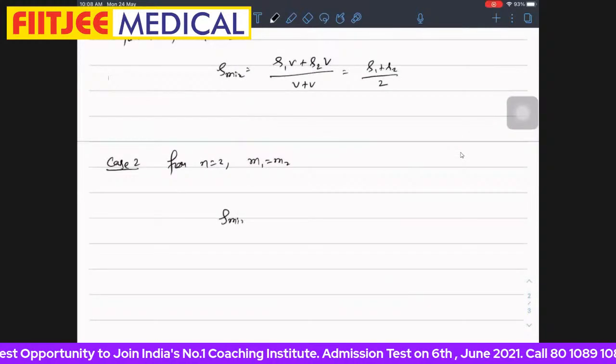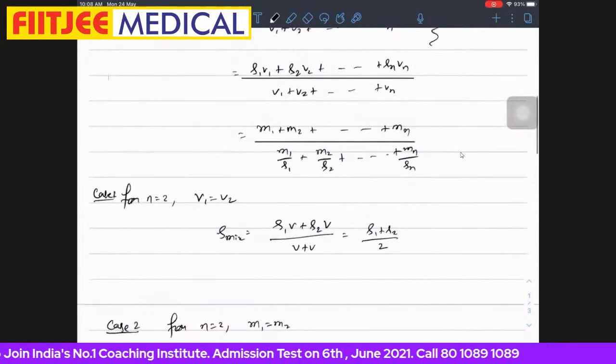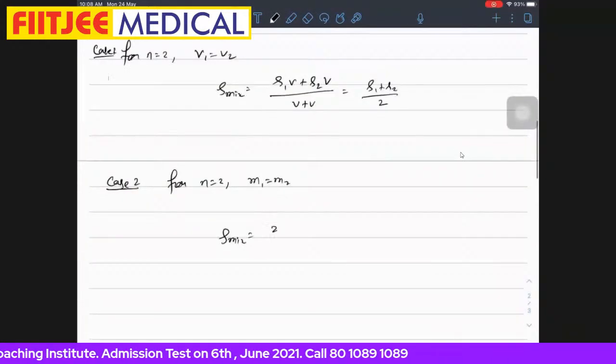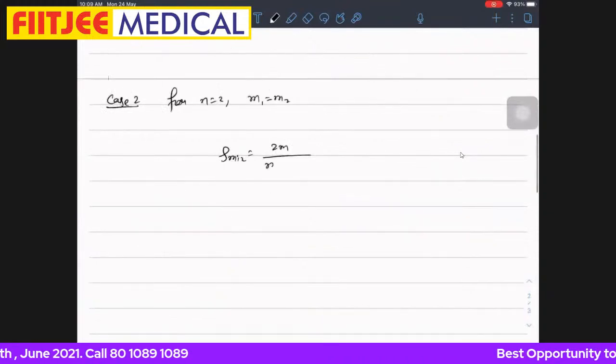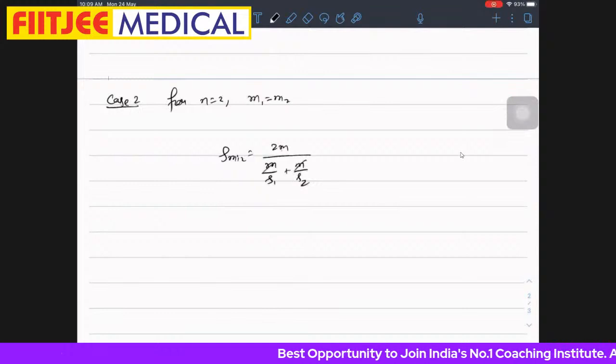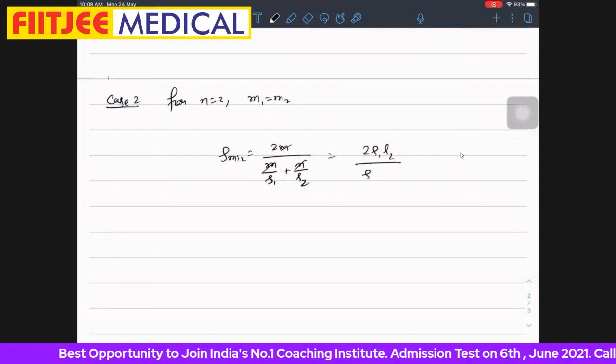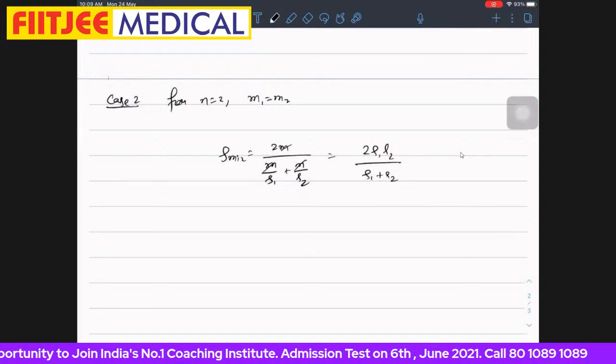So here the density of the mixture will become, using the third relation, 2m divided by m by rho 1 plus m by rho 2. So it will come as 2 rho 1 rho 2 by rho 1 plus rho 2.